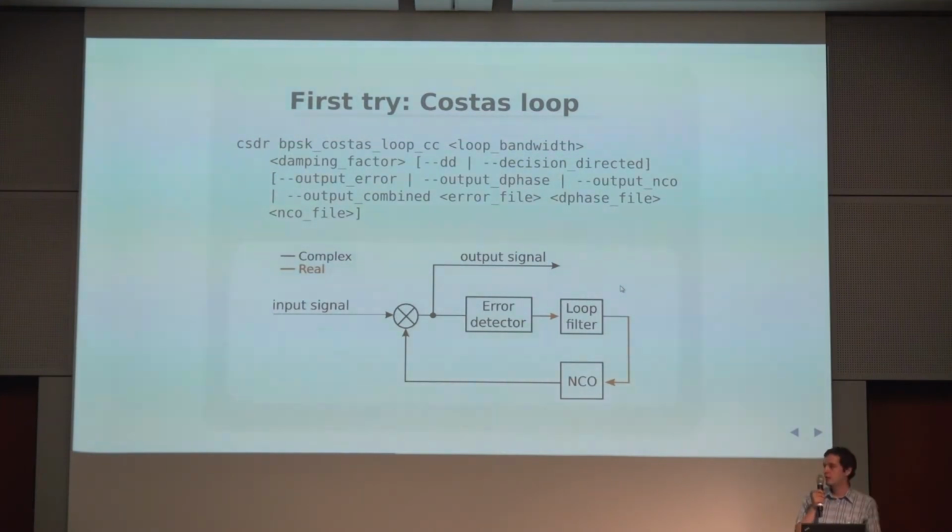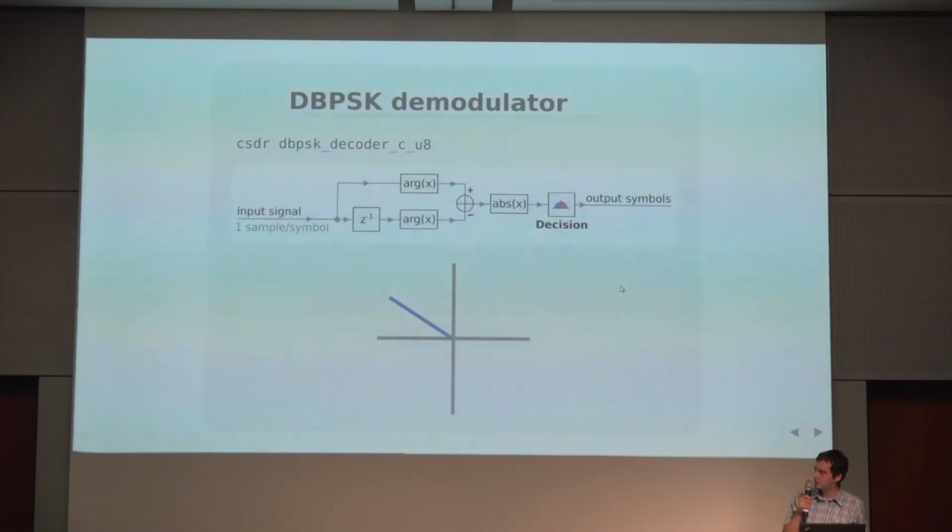But it's in CSDR and it's implemented and can be used for building something else later. But I rather used an algorithm to decode the differential BPSK that's less prone to frequency errors. And I also use the Gardner timing recovery, which is also not much prone to small frequency errors, and these work together really well.